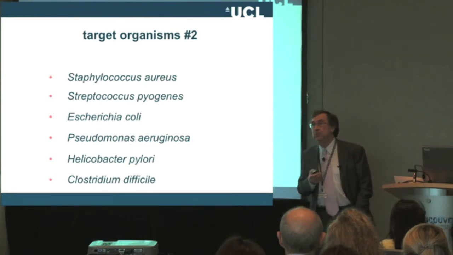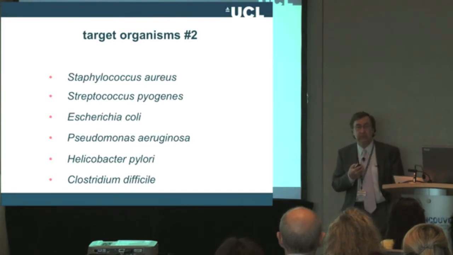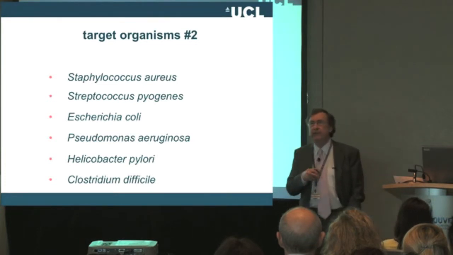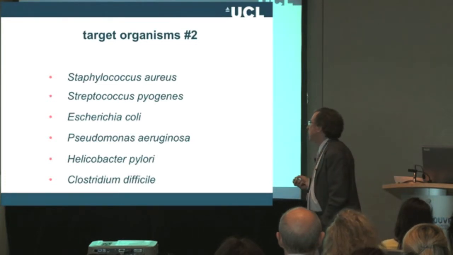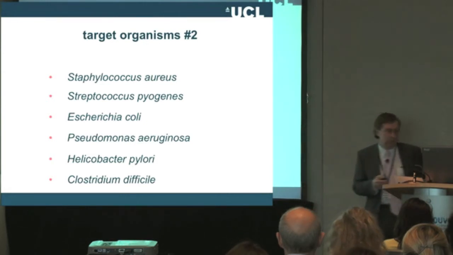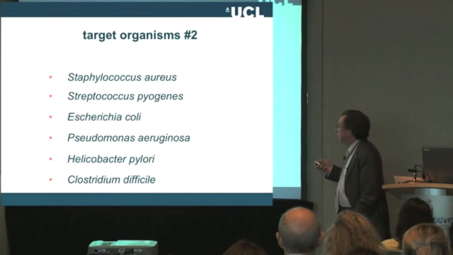It's possible to apply a photosensitizer to the gastric epithelium and, using an inflatable balloon, distribute light throughout the gastric epithelium. We used to do a lot of work on that, less work recently. So there are a number of target organisms we've looked at.